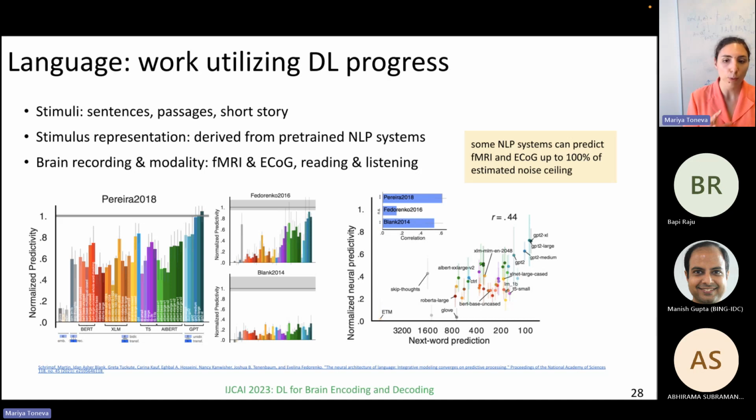But in some particular small language regions, we can explain up to 100% of this estimated explained variance. This was very interesting, and it means we have made a lot of progress with these language models, but there's still about 30 to 40% of variance in the brain response that we are yet to actually measure.